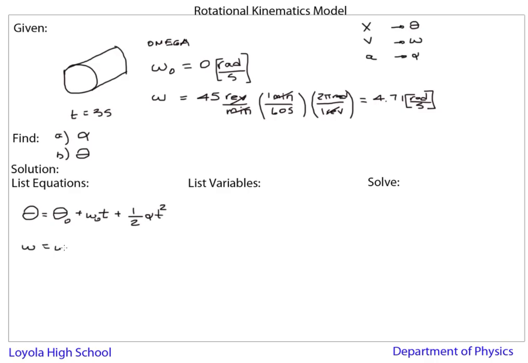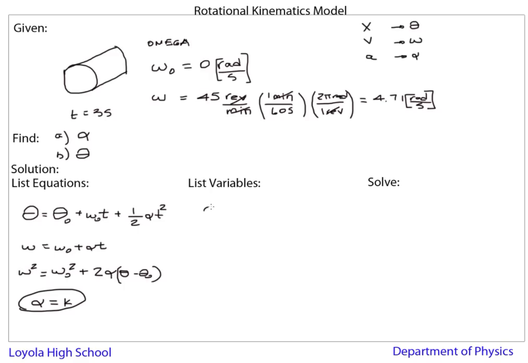Omega is equal to omega 0 plus alpha t, and omega squared is equal to omega 0 squared plus 2 alpha (theta minus theta 0). And again, for the kinematics model to hold, the acceleration must be a constant. We have constant angular acceleration, which is the same condition for the linear kinematics model.